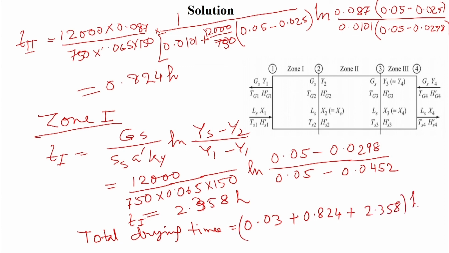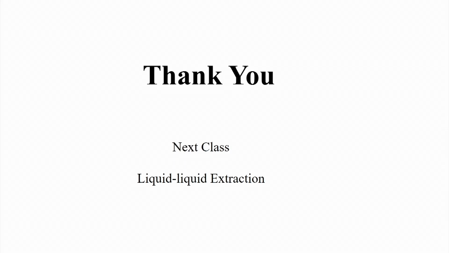So, that is a total of 3.21 hour. So, this total drying time is obtained as 3.21 hour. Okay. So, thank you. We will start the next topic, liquid extraction, in the next class.